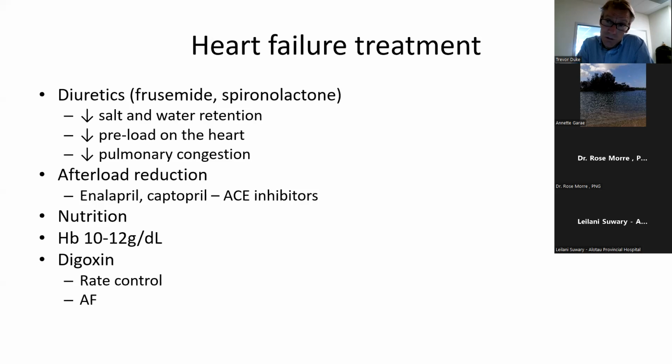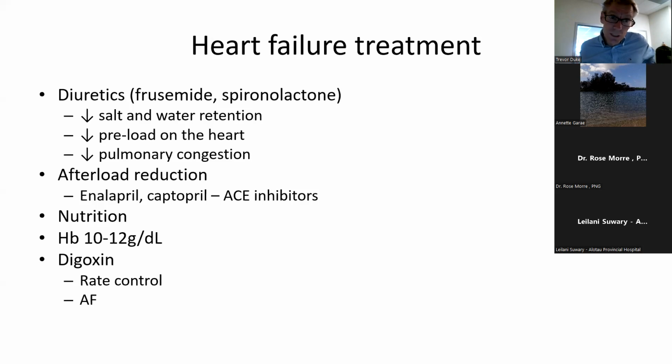That will reduce the preload on the heart, so the congestion in the venous circulation, and it reduces general pulmonary congestion. Most children with heart failure will be on furosemide given at least twice a day, sometimes up to 4 times a day, and spironolactone usually twice a day.